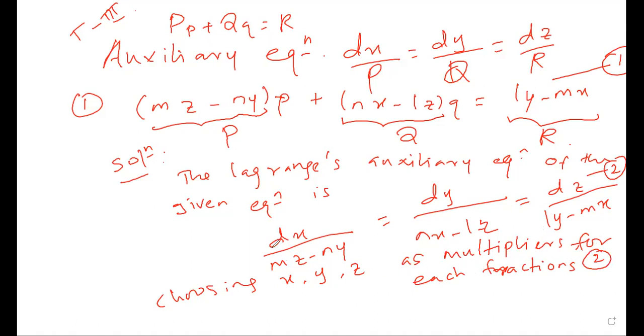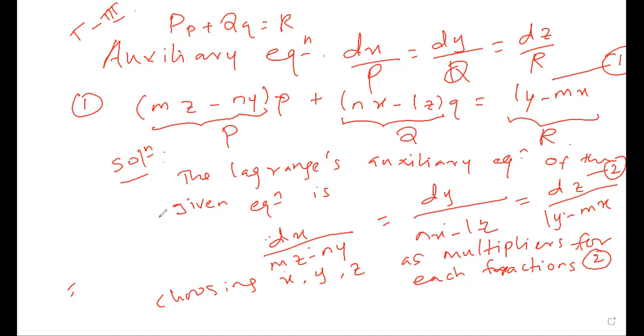The idea is you have to multiply the first fraction by x, the next one by y, and the third one by z. If you want the denominator equal to 0, you multiply the numerator as well as the denominator, and add them up. So I'll erase this window.